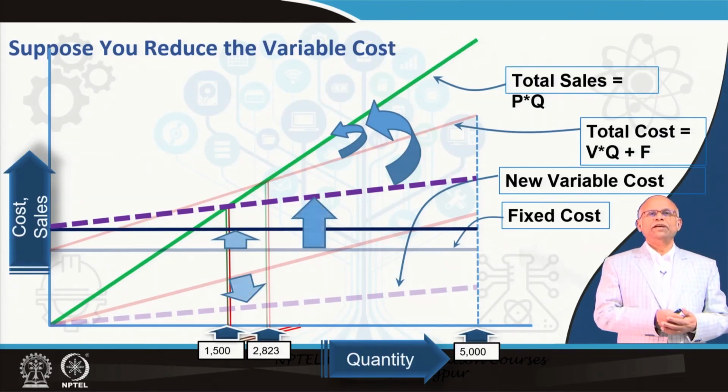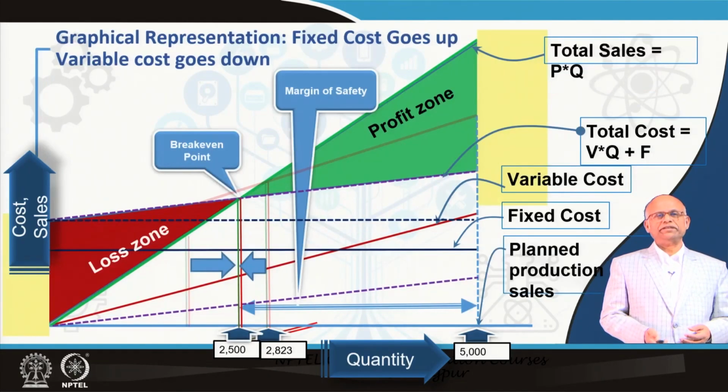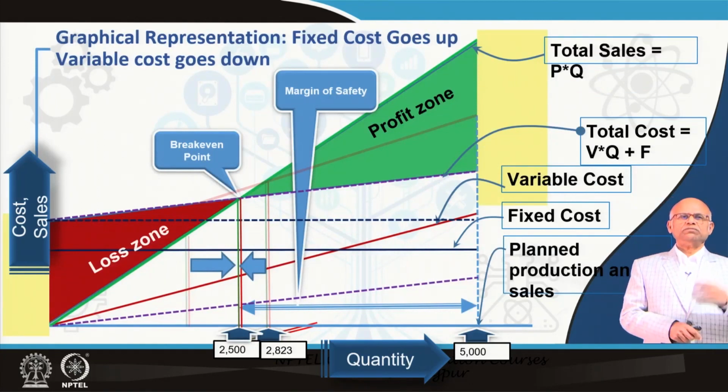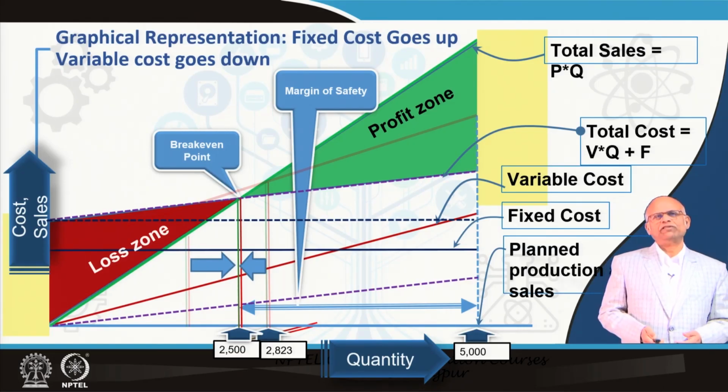Suppose the fixed cost actually goes up even further, then things are going to be very different. Now, this is shown in the same way, but showing the profit zone and the loss zone. So, our break even point actually goes to say 2500. These are all hypothetical data, there is no calculation done here.